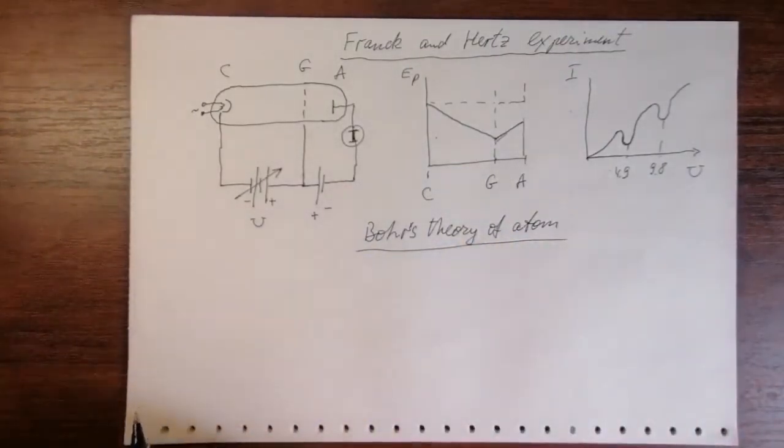So what was suggested by Bohr? He considered all the possibilities of explanation of the results, which we already know, and he came to the conclusion that it is not possible to describe what is happening in the framework of classical physics.